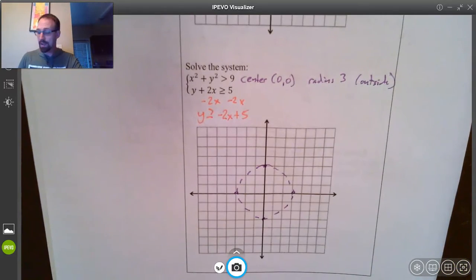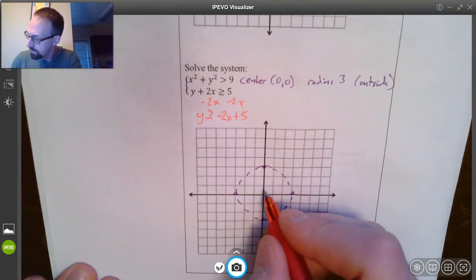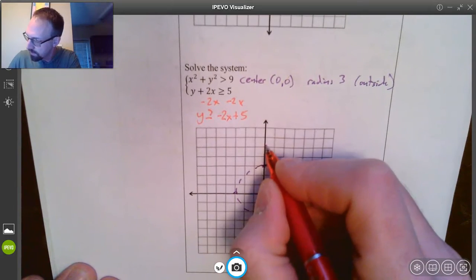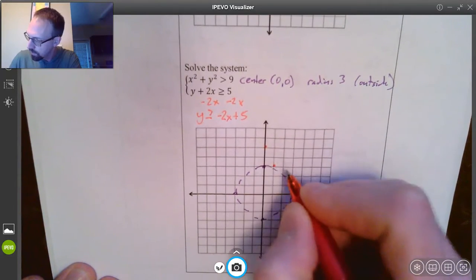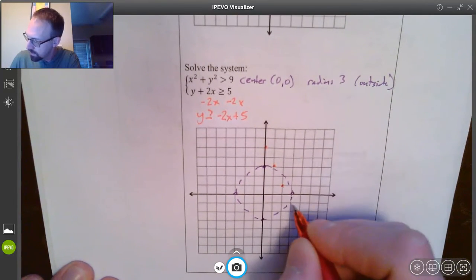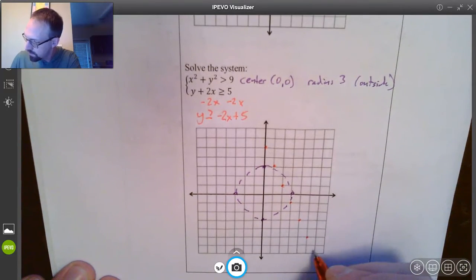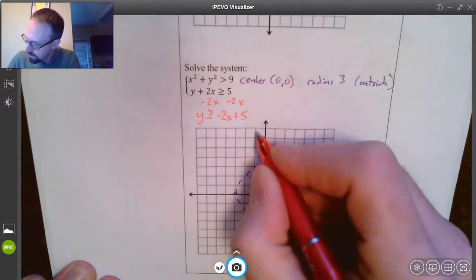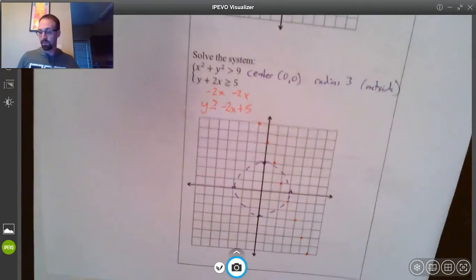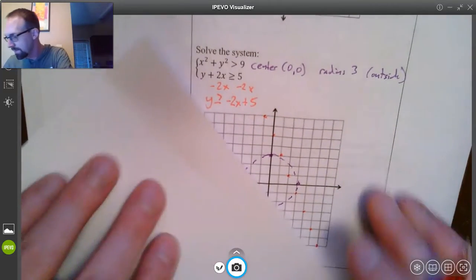And then now graphing the second, the line, 1, 2, 3, 4, 5, down 2, right 1. And then this is also solid.